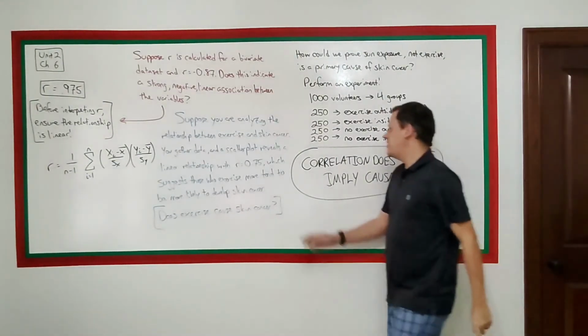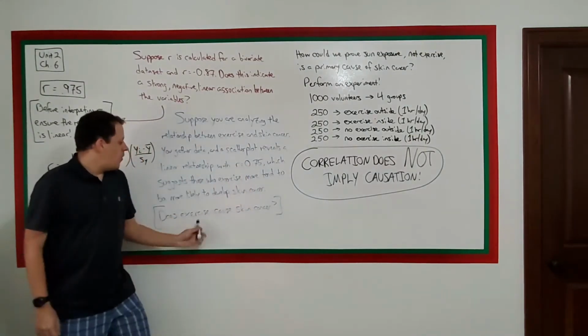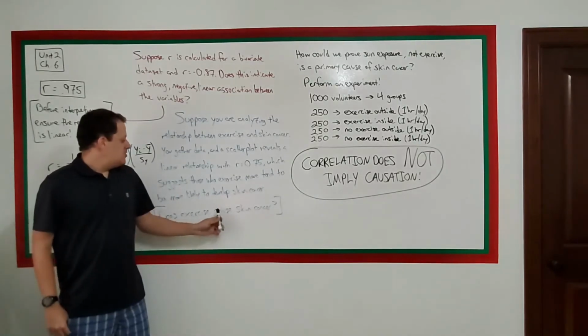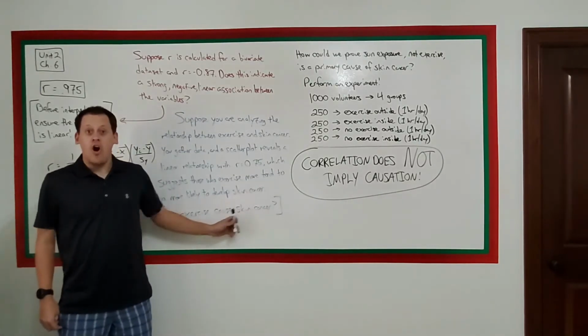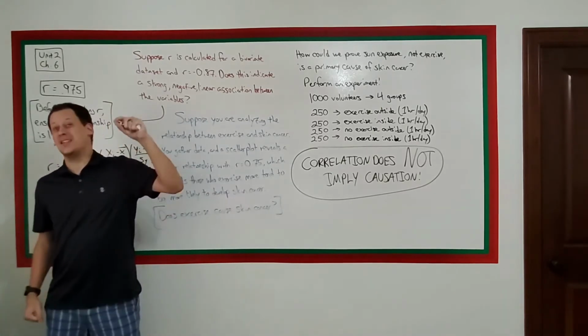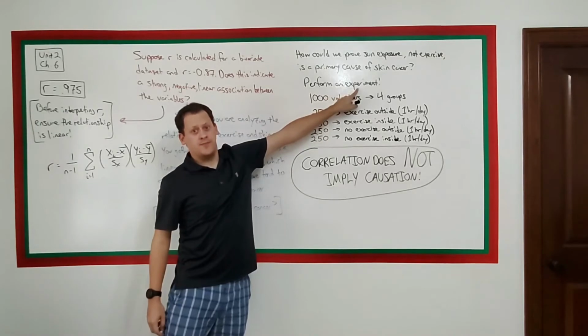Just because two things have a high correlation does not mean that one causes the other. In order for something to imply a cause of something else, in order to be able to conclude that, you must perform an experiment.